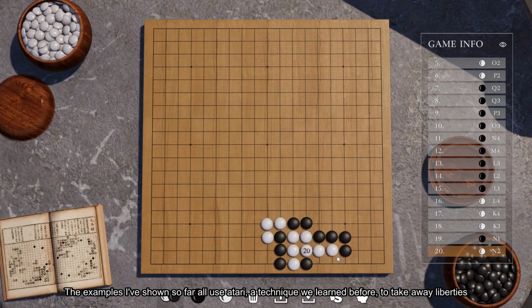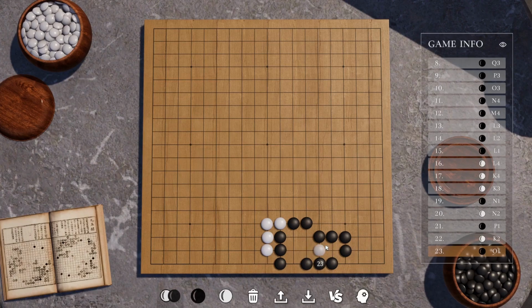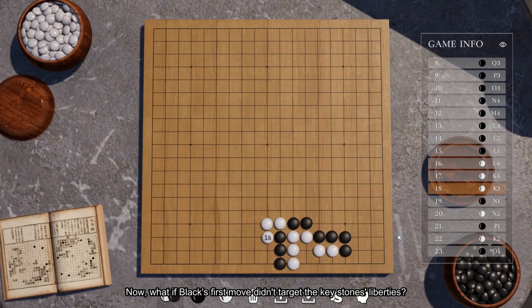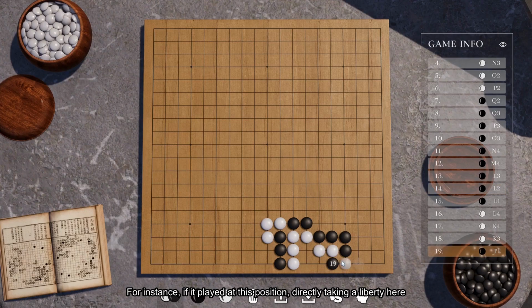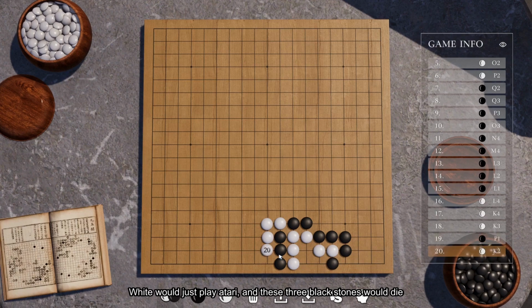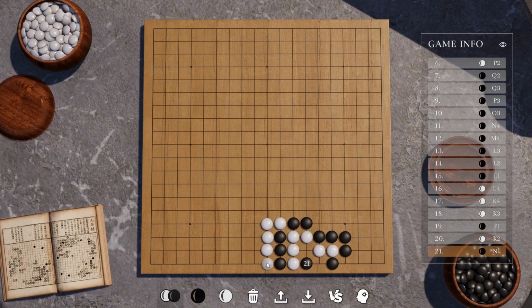The examples I've shown so far all use Atari, a technique we learned before to take away liberties. Now, what if black's first move didn't target the keystone's liberties? For instance, if it played at this position, directly taking a liberty here, white would just play Atari, and these 3 black stones would die.